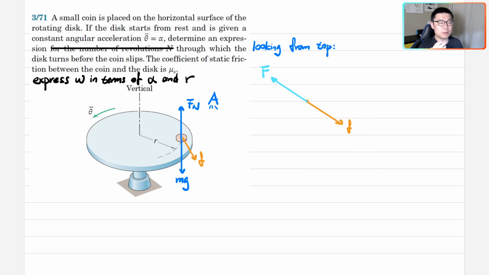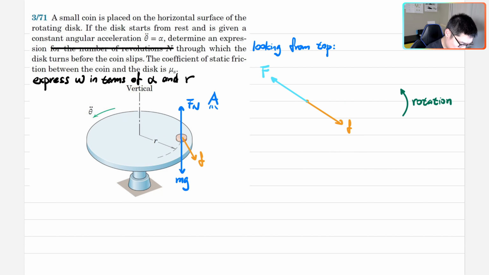So looking from the top, on the horizontal, it's rotating this way. If I draw this out, the rotating direction would be like this. This is the rotation direction.